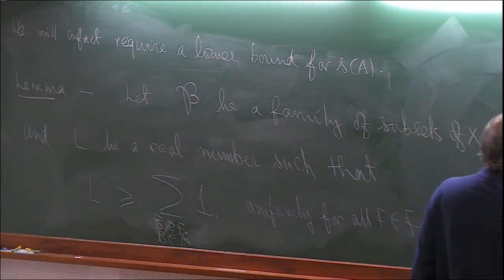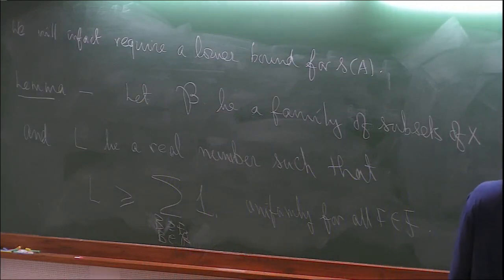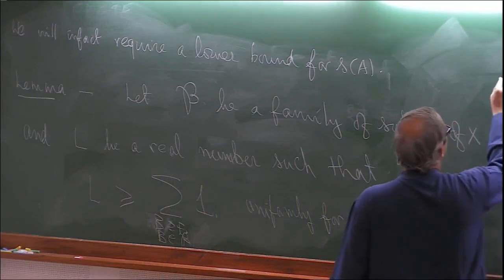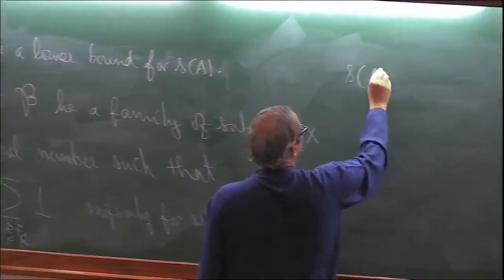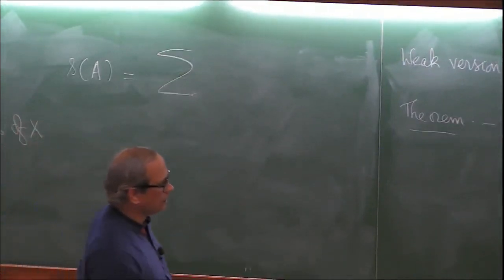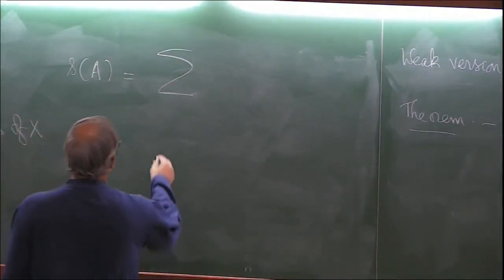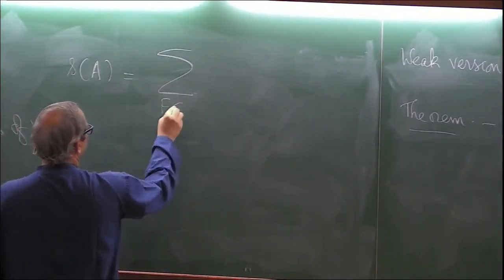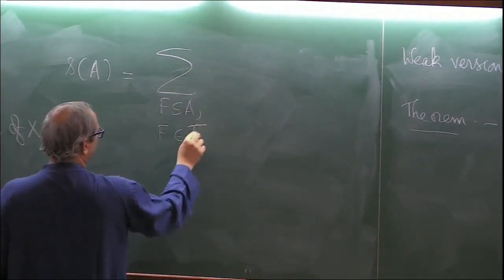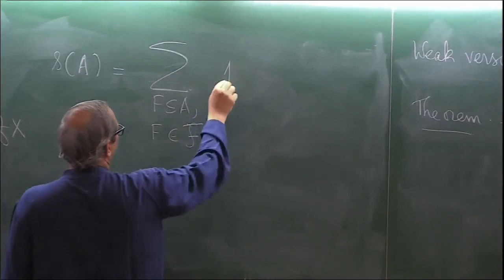Let's just write the sum and plug in what we have. S_A is the sum over F in the family F with F contained in A of 1.